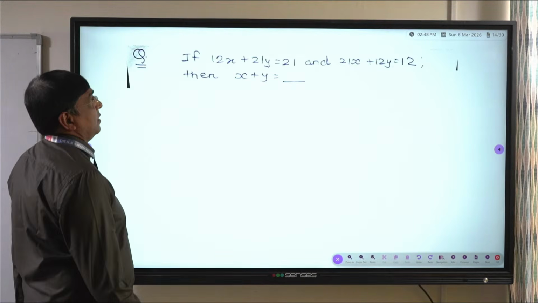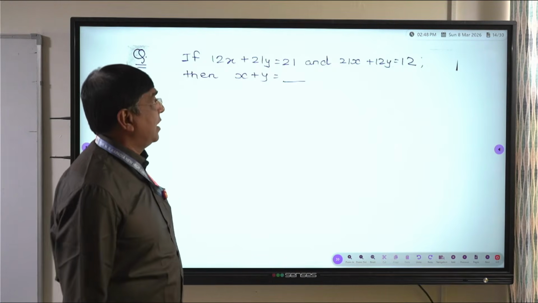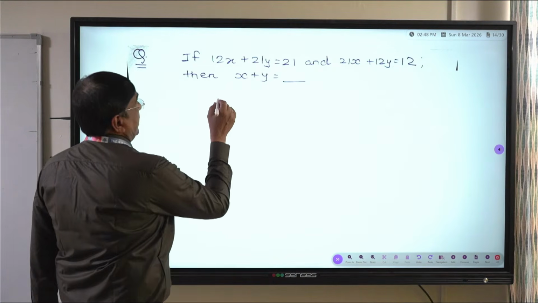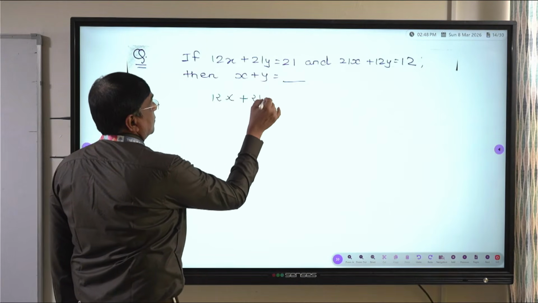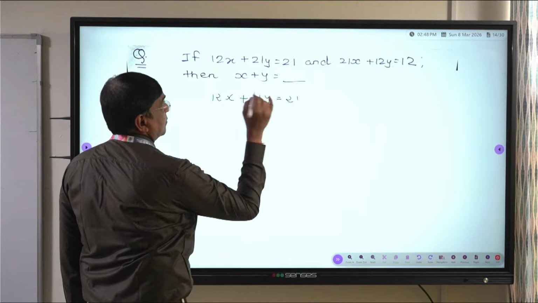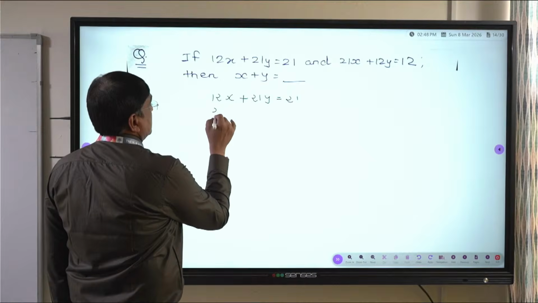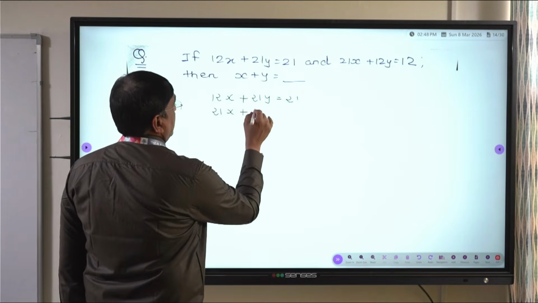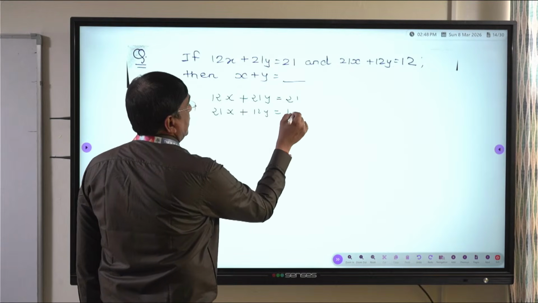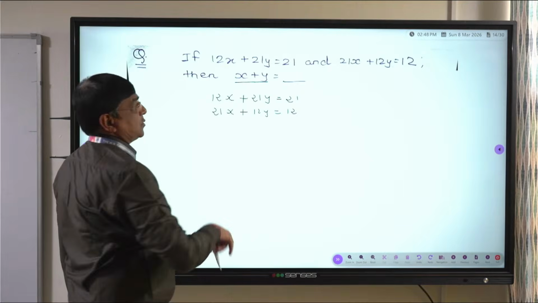Now, 12x plus 21y equals 21. Second, 21x plus 12y equals 12. Find the value of x plus y.